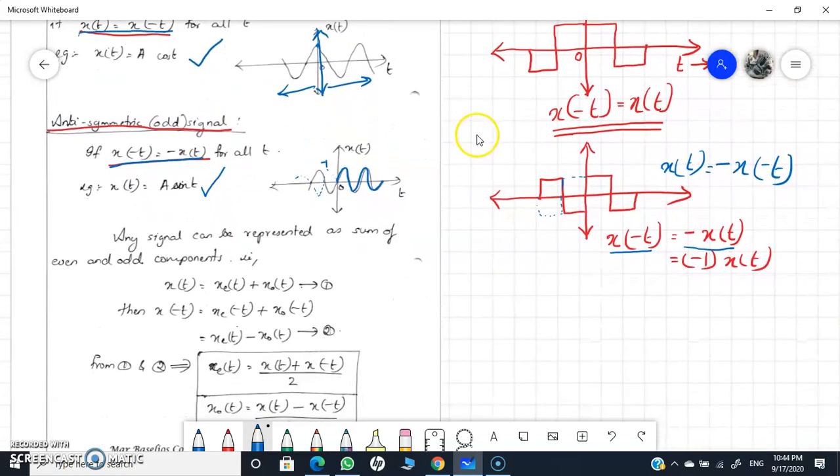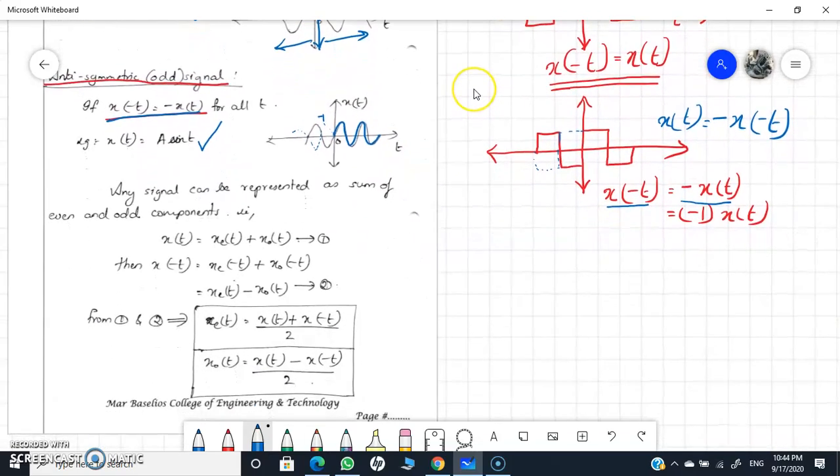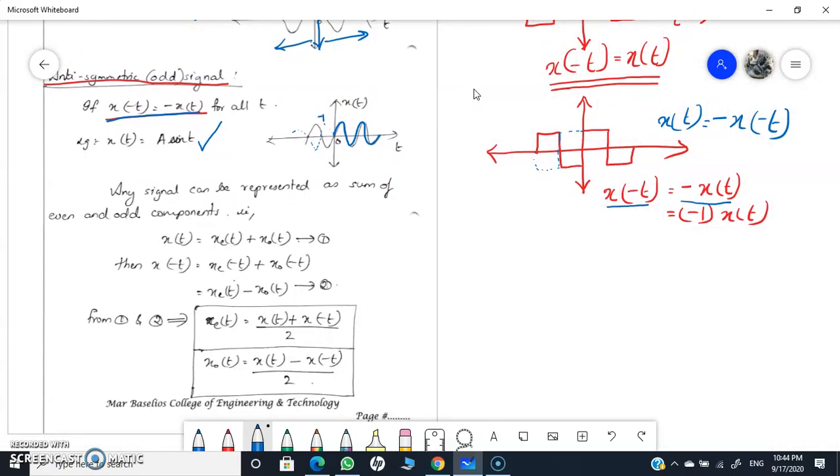Now, how can I represent the even component and odd component of a signal? Even component means the component that is even in nature. Odd component means the component that is odd in nature. So according to equation number 1, any signal can be represented as a sum of its even component and odd component.